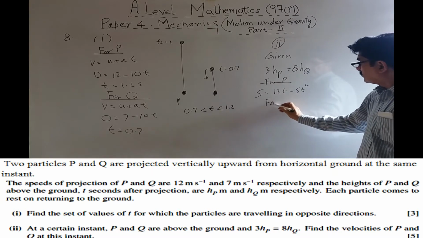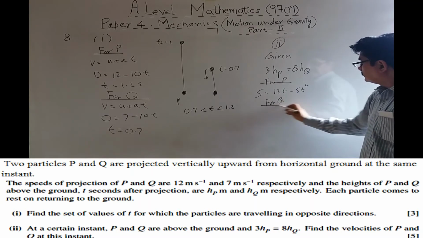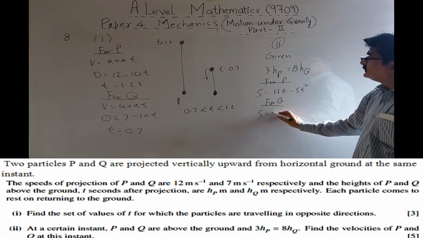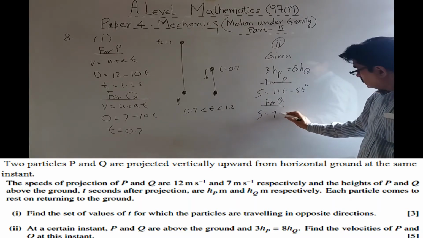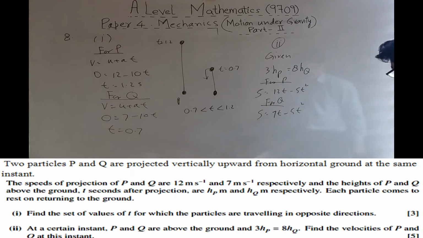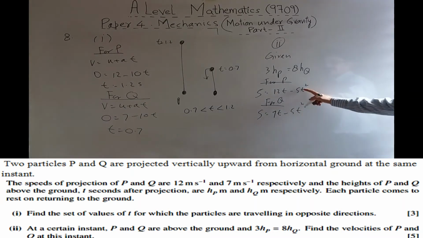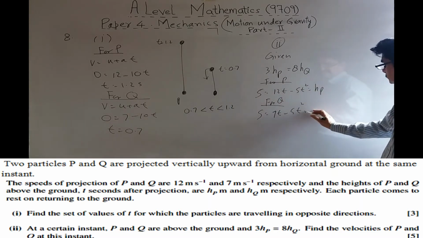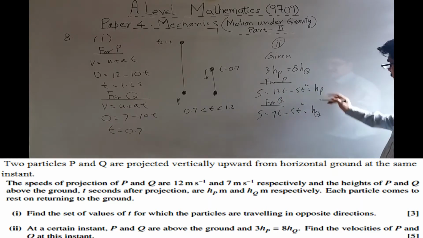And for q, applying the same formula, s is equal to ut, which is 7t minus 5t square. Now putting these values.